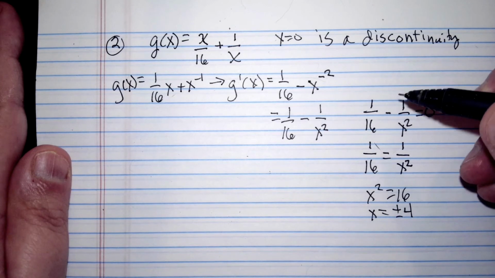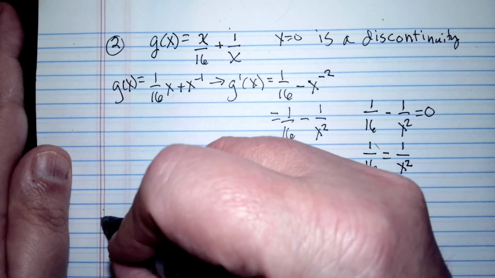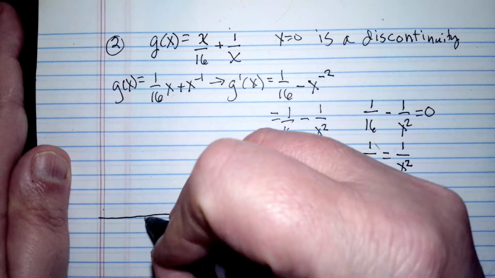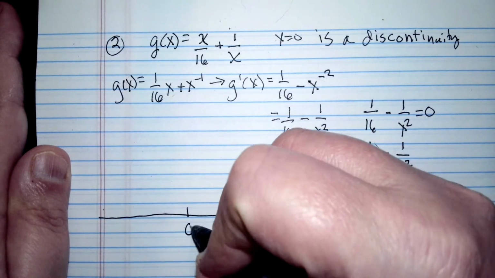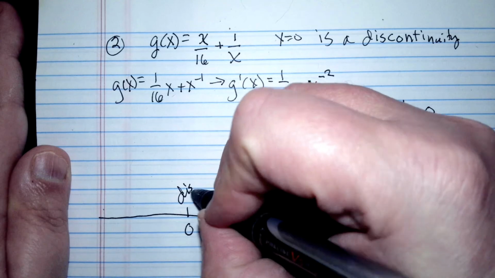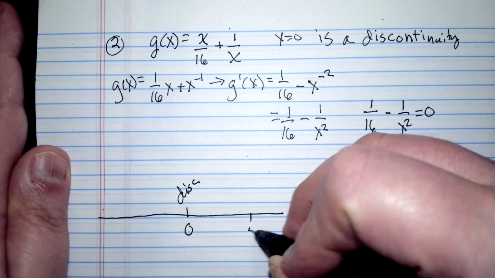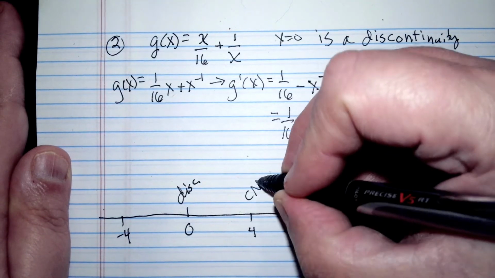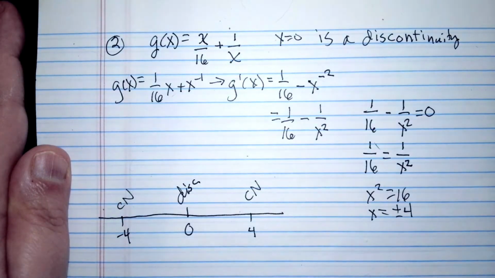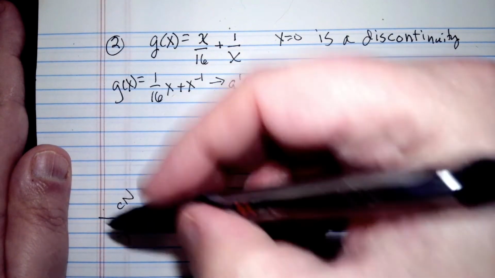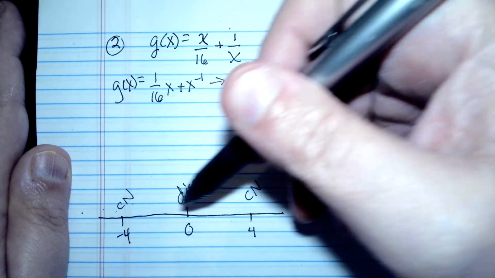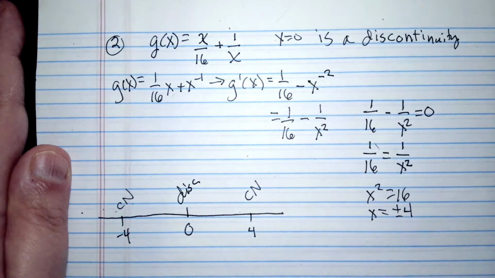So what we need to do is decide which intervals we're going to be working with. So at 0 we've got a discontinuity. At 4 and at -4 we've got critical numbers. So we've got 4 intervals from negative infinity to -4, -4 to 0, 0 to 4, and 4 to infinity.